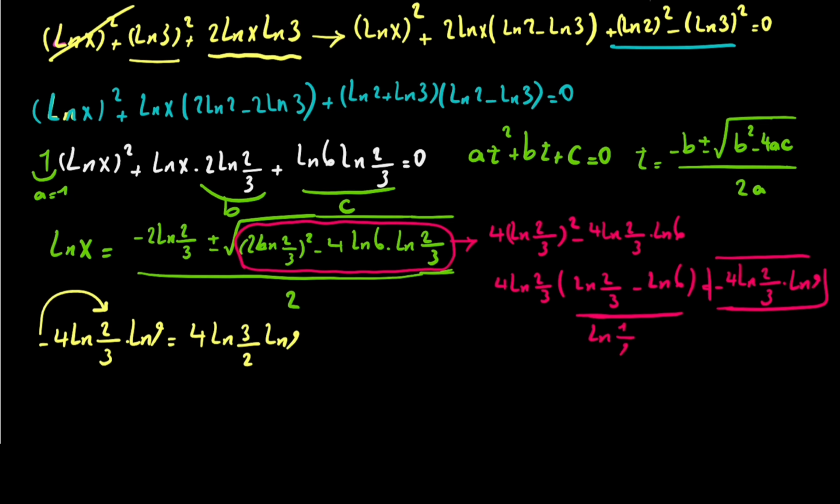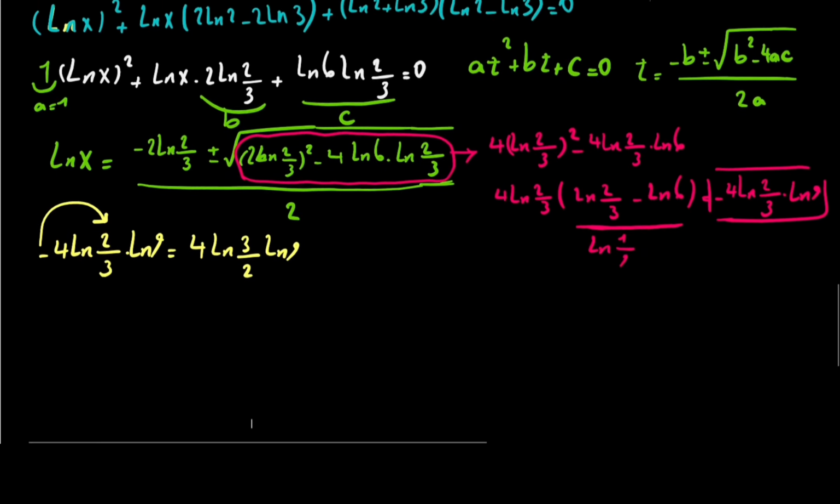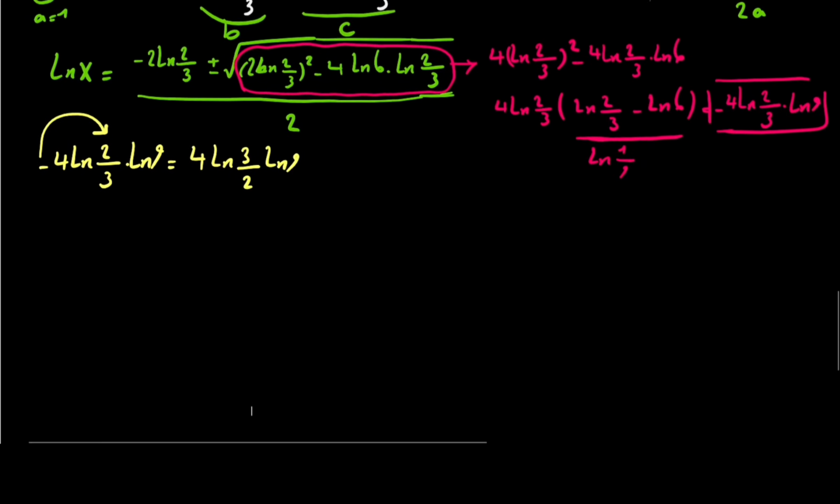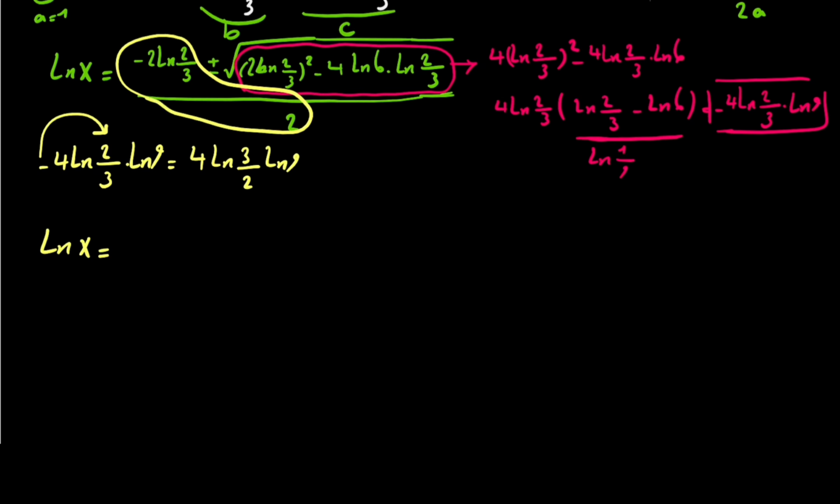So it means ln x will be equal to, use this one, so minus ln 2 over 3, positive and negative square root of 4 times ln 1.5 or ln 3 over 2 times ln 9, divided by 2.